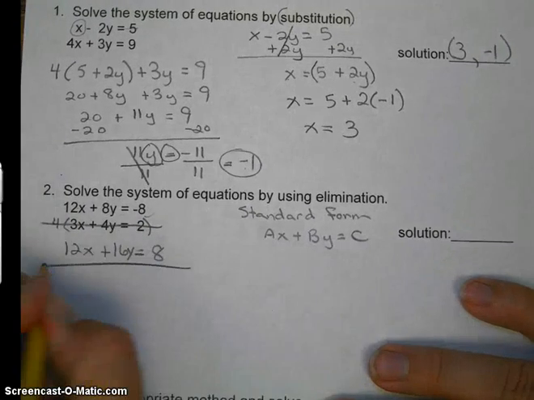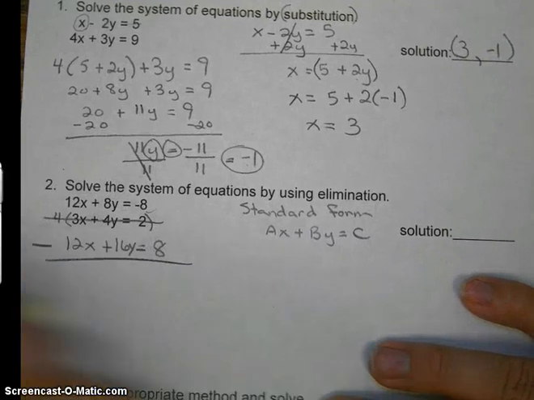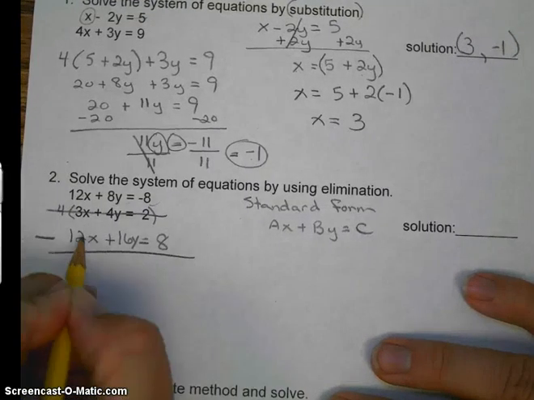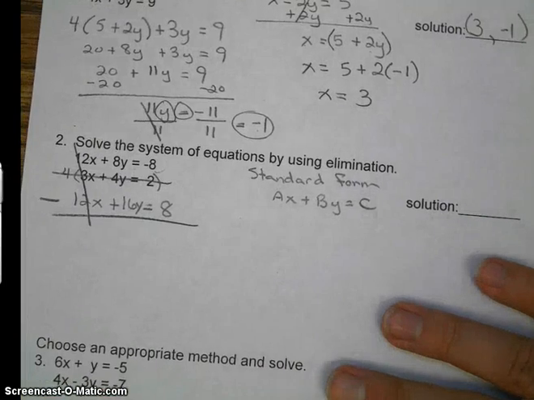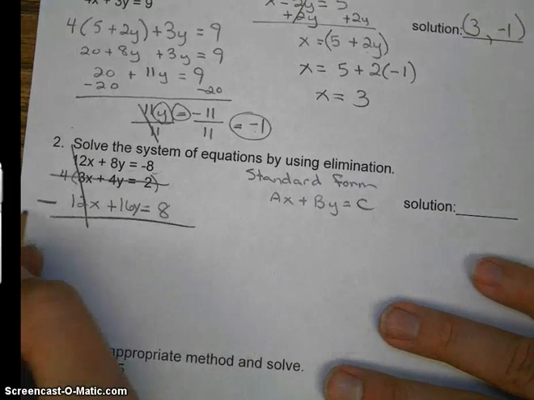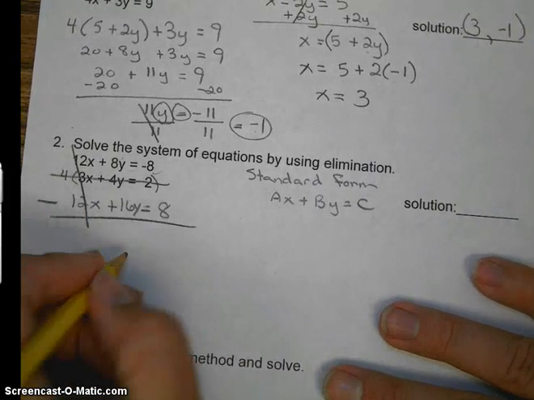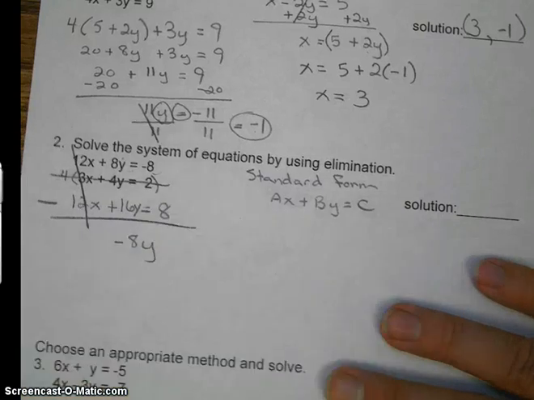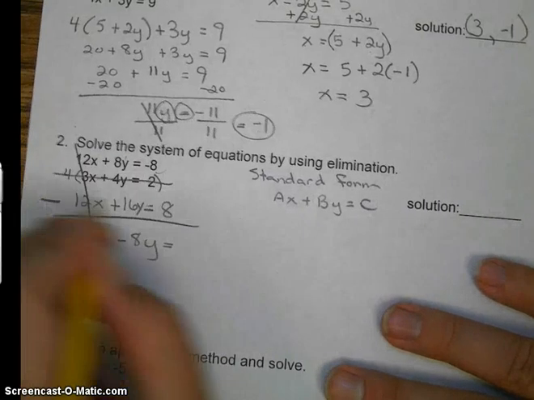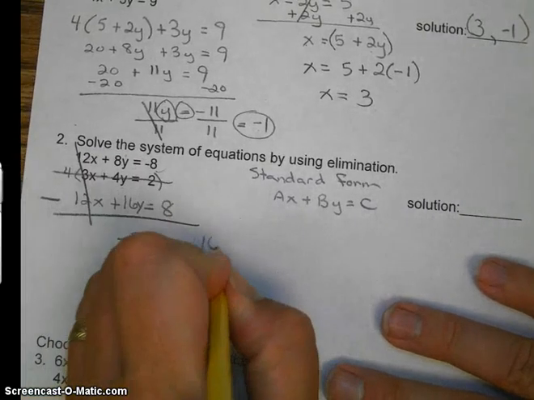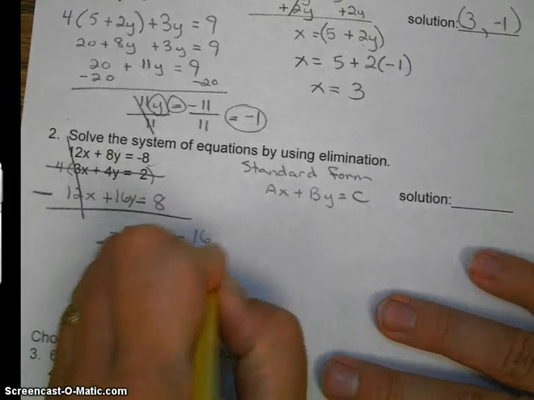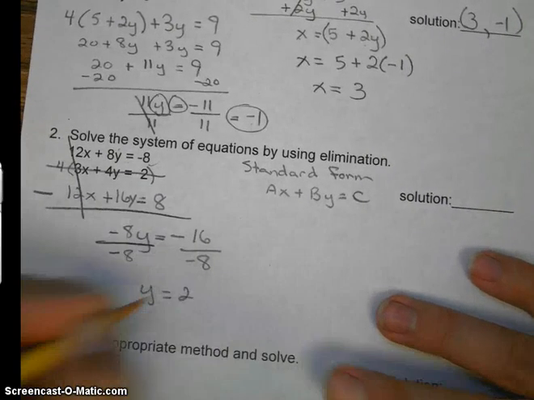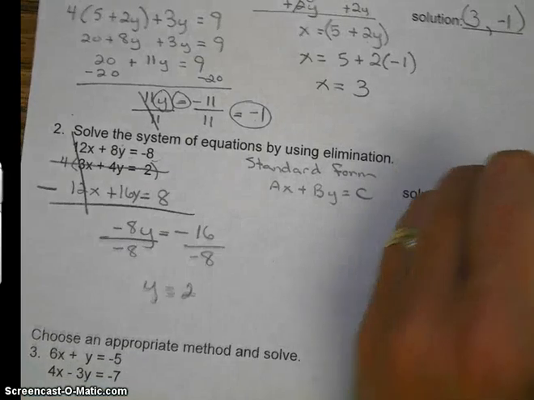Now we're going to subtract: 12x minus 12x, eliminated. That's why it's called the elimination method. And we have 8 minus 16, and we have negative 8 minus 8. We're just solving for y, and we have part of our solution.